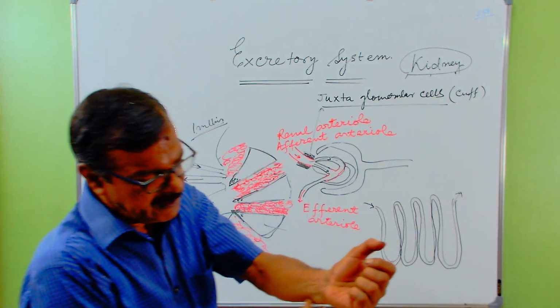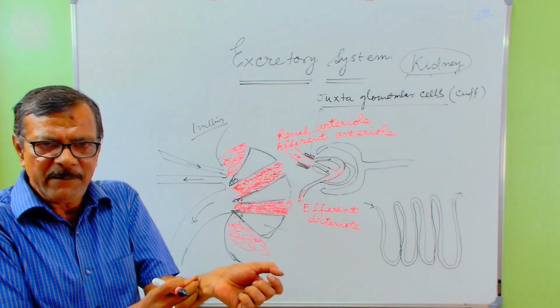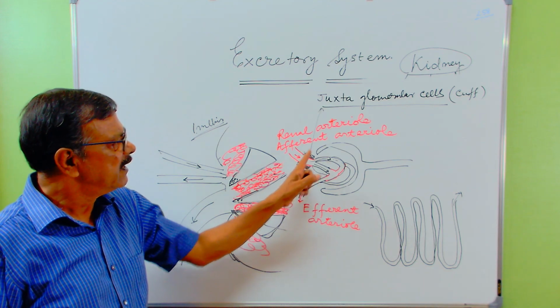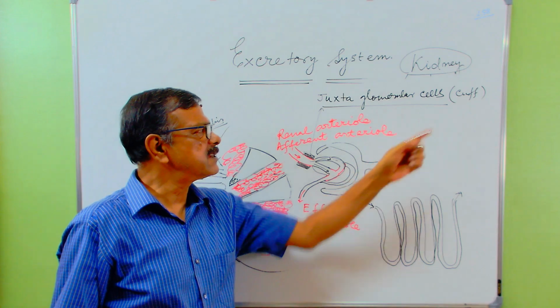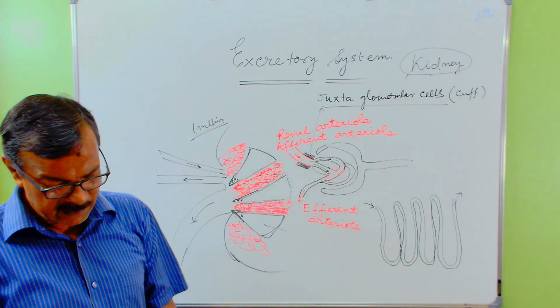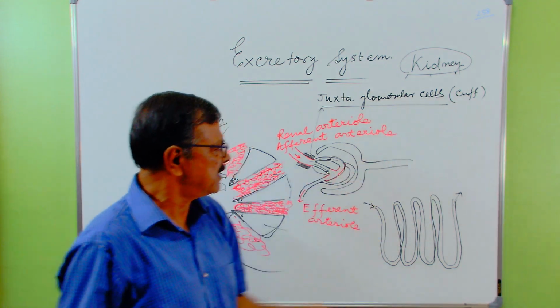Cufflinks, you know. The cuff, the border of the shirt, is a little bit hard, so it makes it a little hard to enter. So these are called juxtaglomerular cells. It is a cuff-like structure.